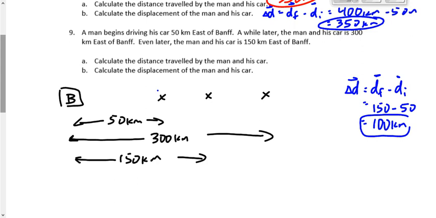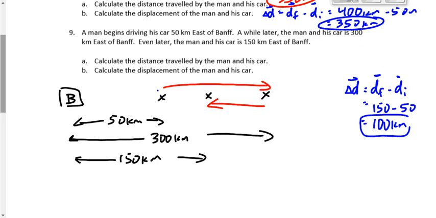So let's draw this out here, my path. I started here, I went here, and then I went here. What's my distance traveled if I go from 50 to 300? That would be 150, right? Sorry, 250. Yeah, whatever, 250.